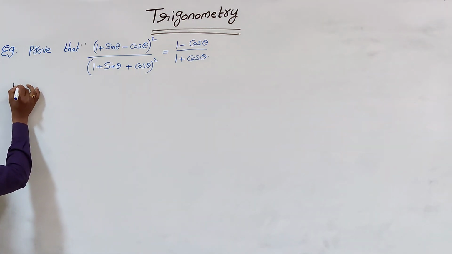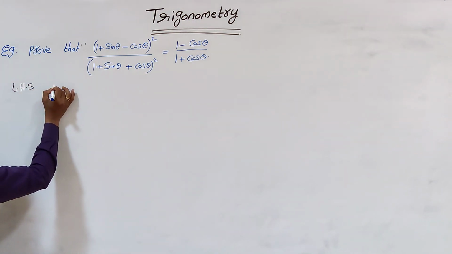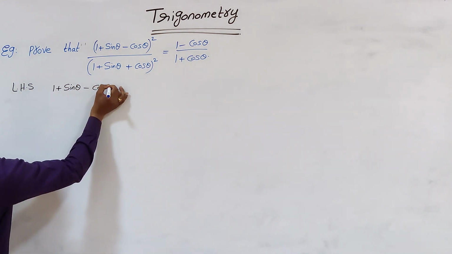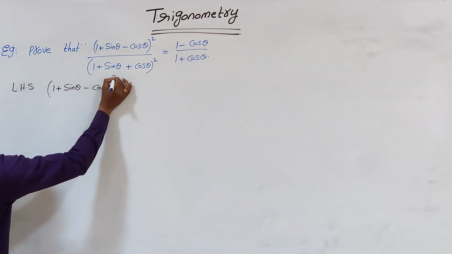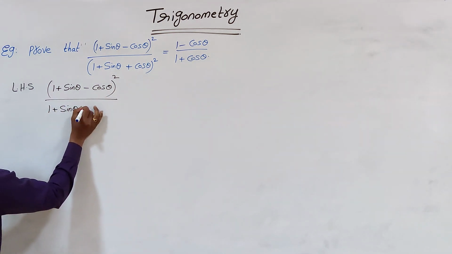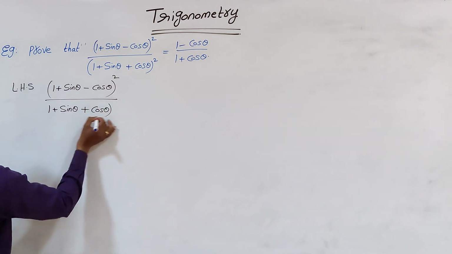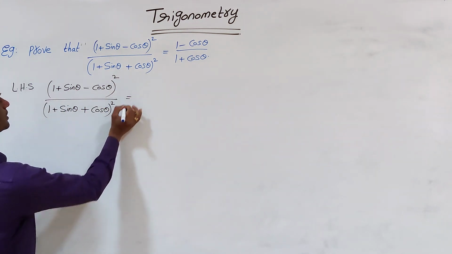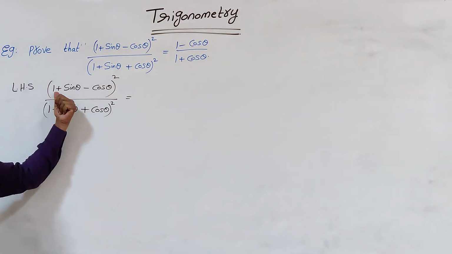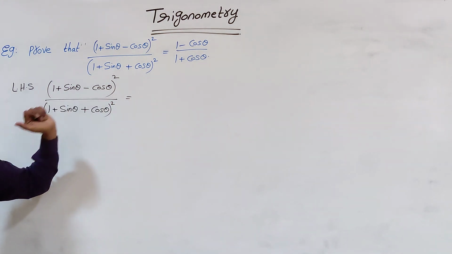So in that format we will go ahead with the proof. LHS: (1 plus sin theta minus cos theta) whole square by (1 plus sin theta plus cos theta) whole square. Now it will be in the form of (a minus b) whole square, where a is 1 plus sin theta and b is cos theta.